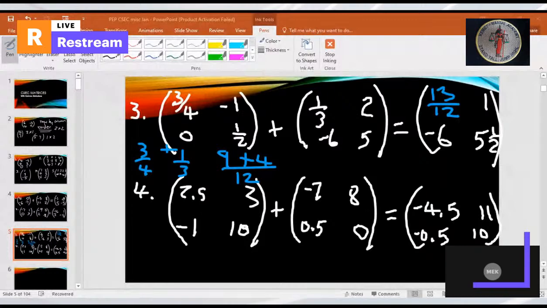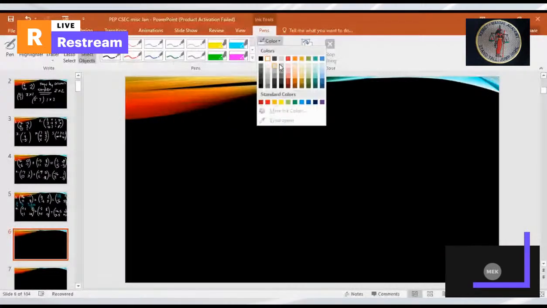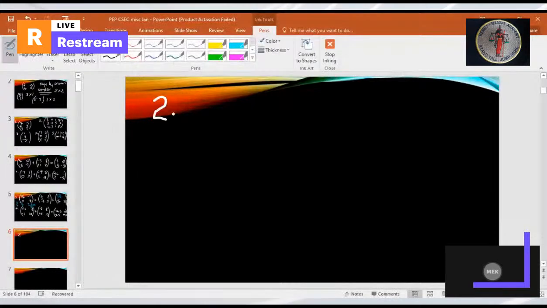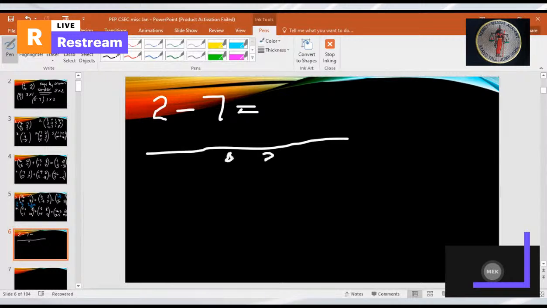So if you're subtracting, we have 2 minus 7. So we're taking a bigger number from a smaller number. When you're taking away on the number line, you move to the left.